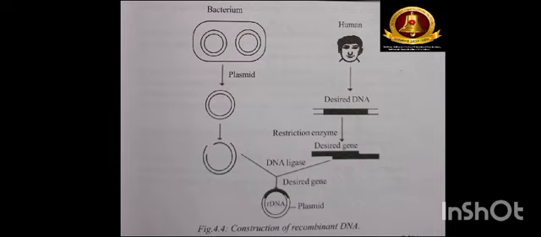So our desired gene, the insulin gene, is produced or multiplied in large copies. So recombinant DNA plays a vital role in genetic engineering.